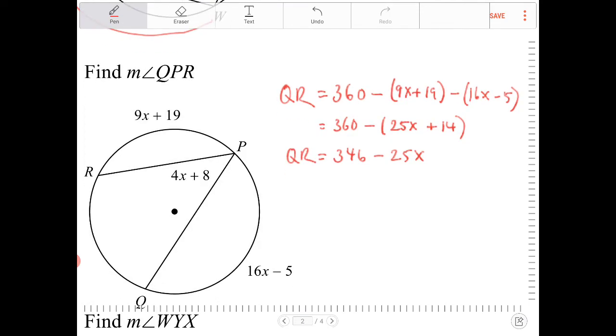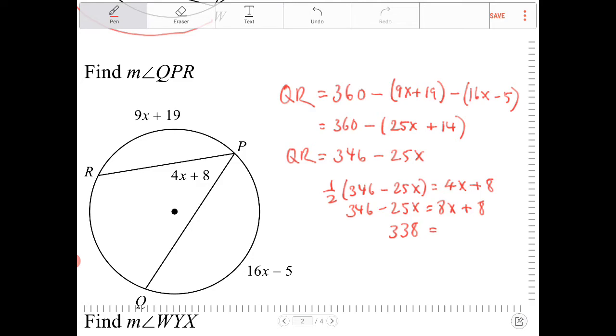So if that's the case, then I know that if I take half of this, it will equal 4x plus 8. And if I multiply both sides by 2, I get 346 minus 25x is equal to 8x plus 8. I will now subtract 8 from both sides, and I will get 338.